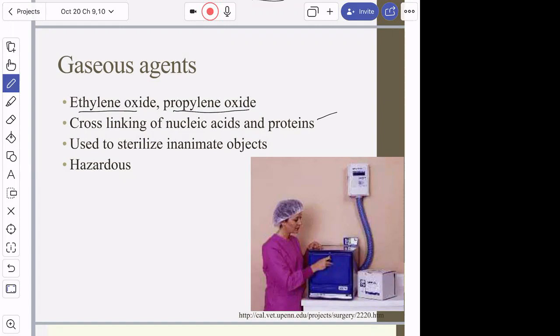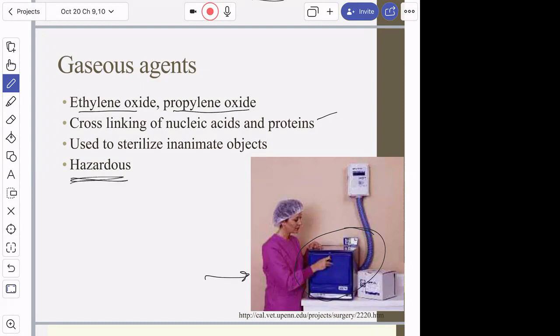Maybe some object that was too big to be put in an autoclave, like a mattress or something like that, that an ill person was sleeping on. Of course, my picture here is of a really small contraption here. Basically, you could put some medical instruments in there, flood it with the gas for a certain amount of time, and then it would be sterile.